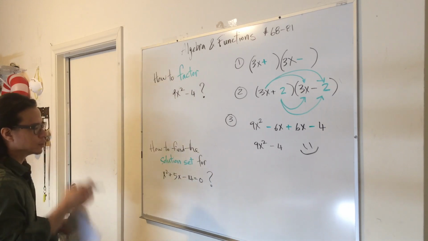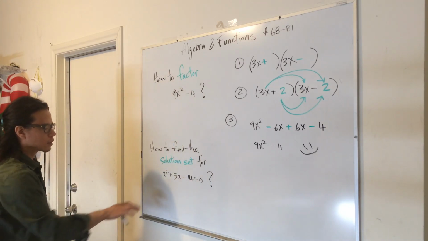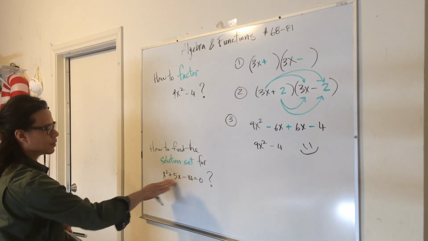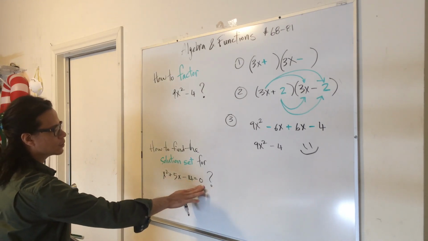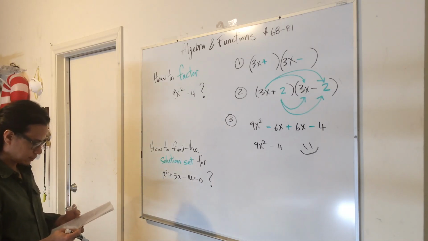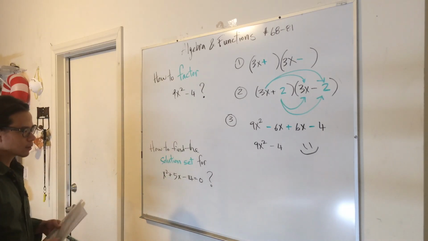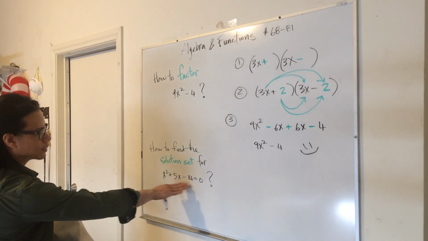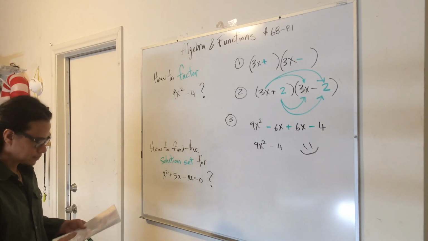In other words, what does x have to be for the left side of the equation to equal the right side of the equation? We're going to find out what x is so that the left side will equal 0.